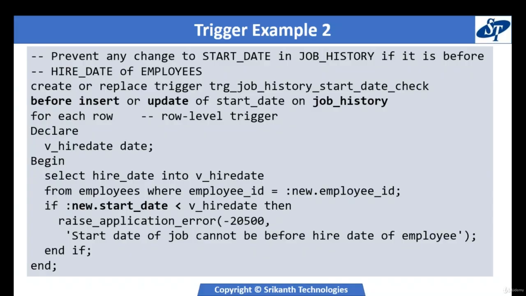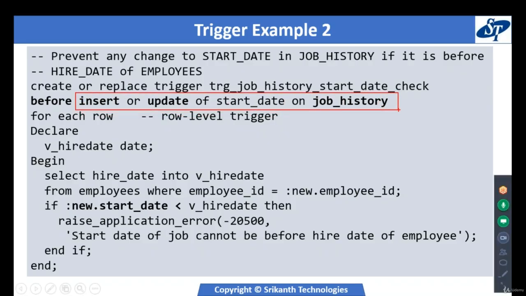So his start date in job history cannot be before the hire date. So whenever you insert or update a row into job history, whenever you insert or update the start date, I want to check. Again, it's a row level trigger and the table is job history.